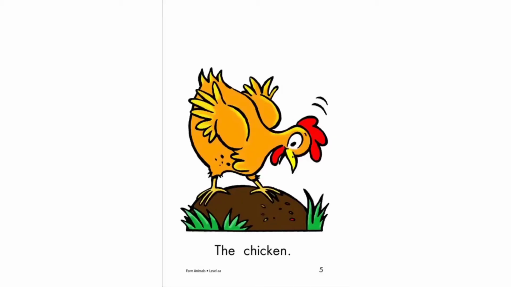Remember when we looked at the chicken? We saw this page right here. So when we looked at that illustration, we made a prediction that the word we would read would be either hen or chicken, but we didn't know which one. So we used clues in the word to help figure it out. We knew that hen is a short 1-syllable word and chicken must be a longer word.